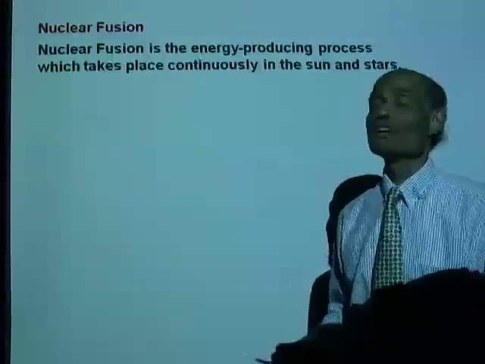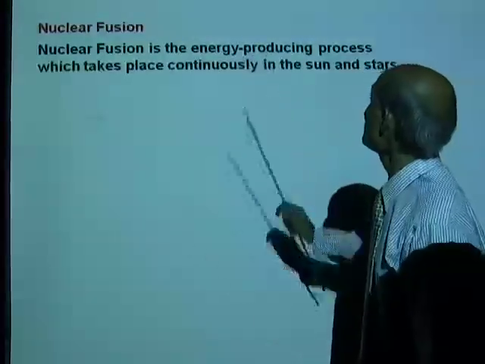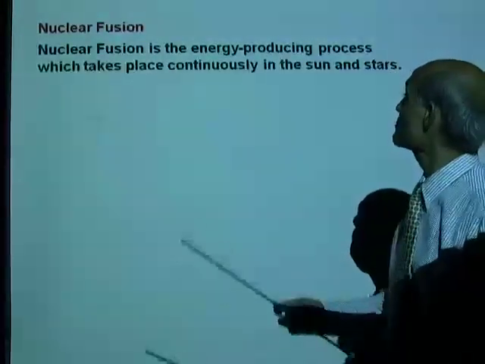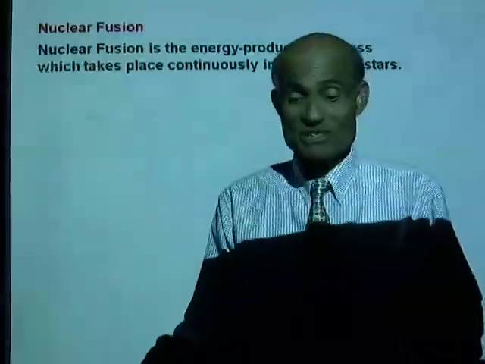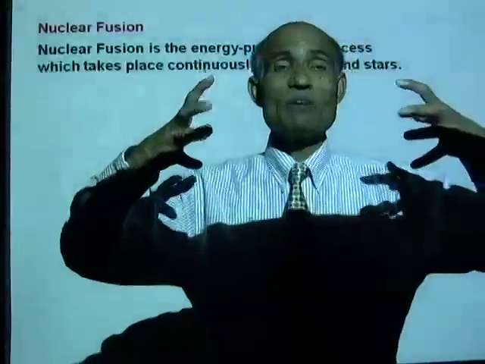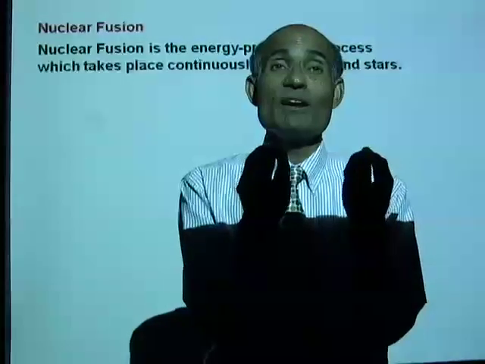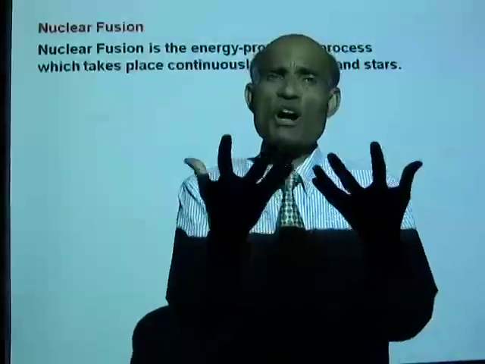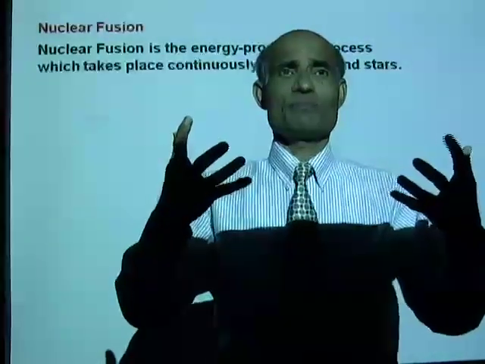Nuclear fusion is the energy producing process which takes place continuously in the sun and in the stars. You see, in the formation of a star, if you know the history of the birth of a star, now how does a star take birth?